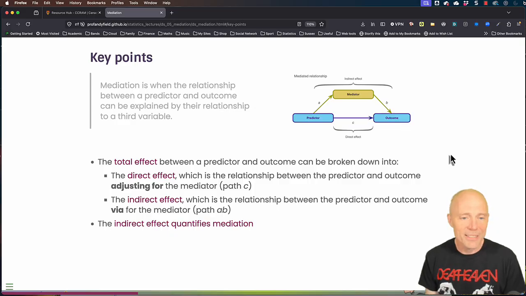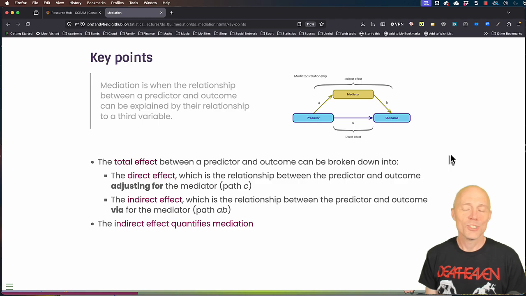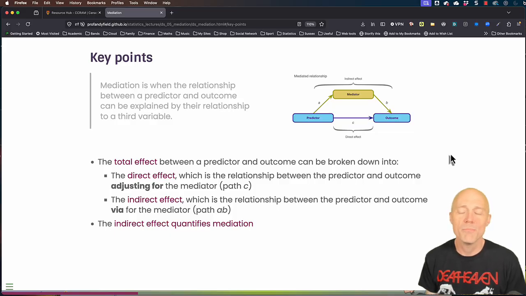And the indirect effect is the relationship between the predictor and an outcome that goes via the mediator. And this indirect effect is what quantifies mediation. So when we test for mediation, we are testing whether there is a significant or a large enough indirect effect to be of interest to us.